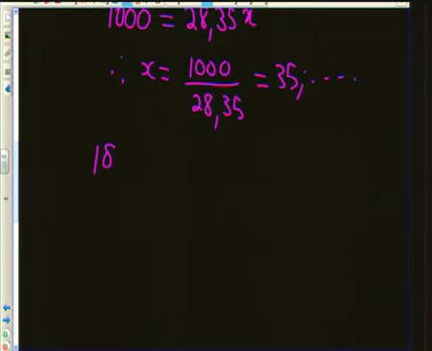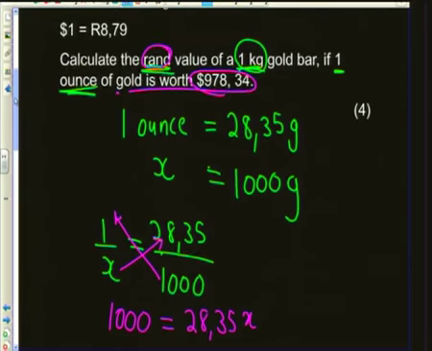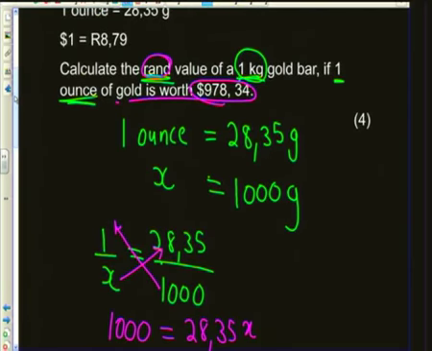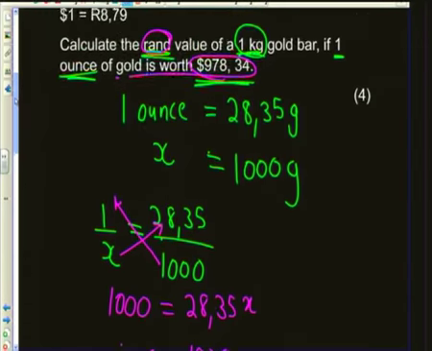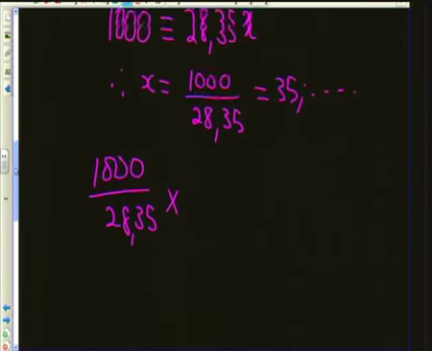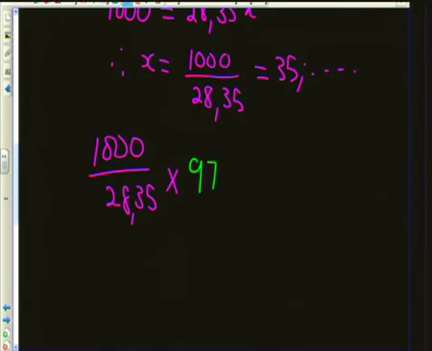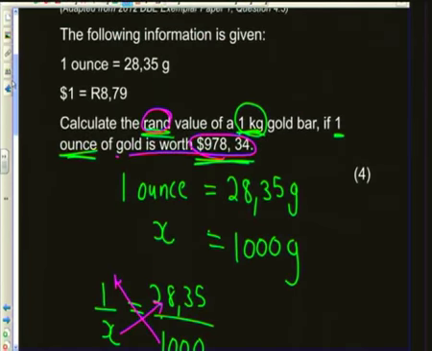So you've got your 1,000 divided by 28.35 times, now watch, this is equivalent to 978.34 US dollars.